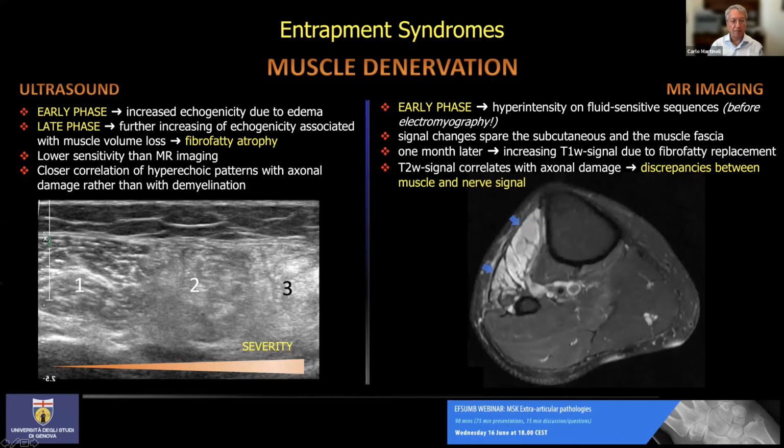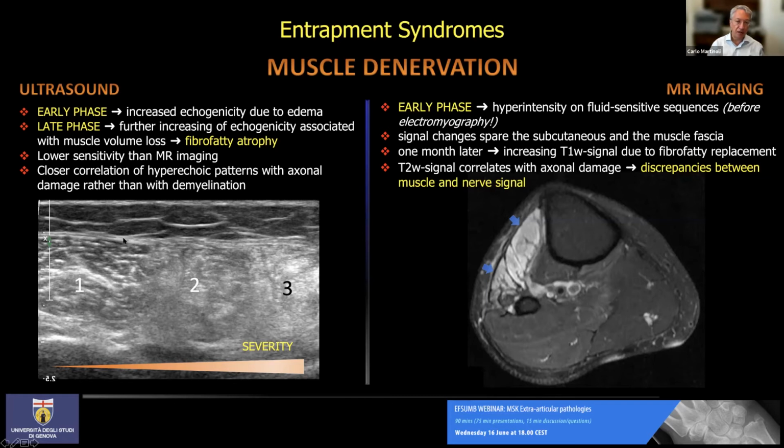sensitive sequences. In the late phase, the muscle volume reduces and the diagnosis may be easier, also for the fibrofatty atrophy of the muscle. Here we see three muscles and we have an increasing severity of changes affecting them in terms of ecotexture.